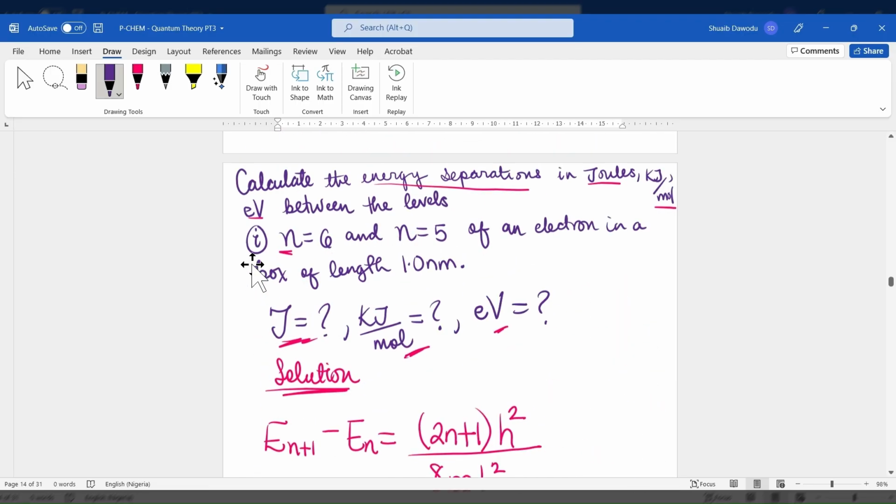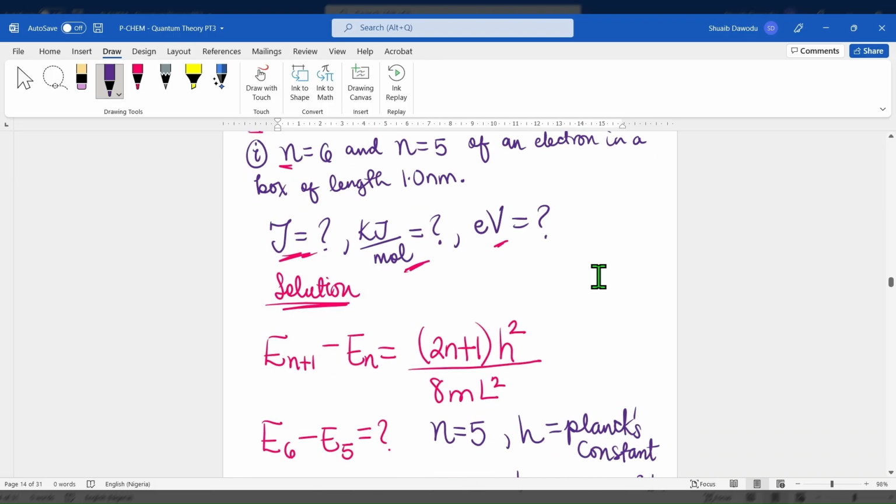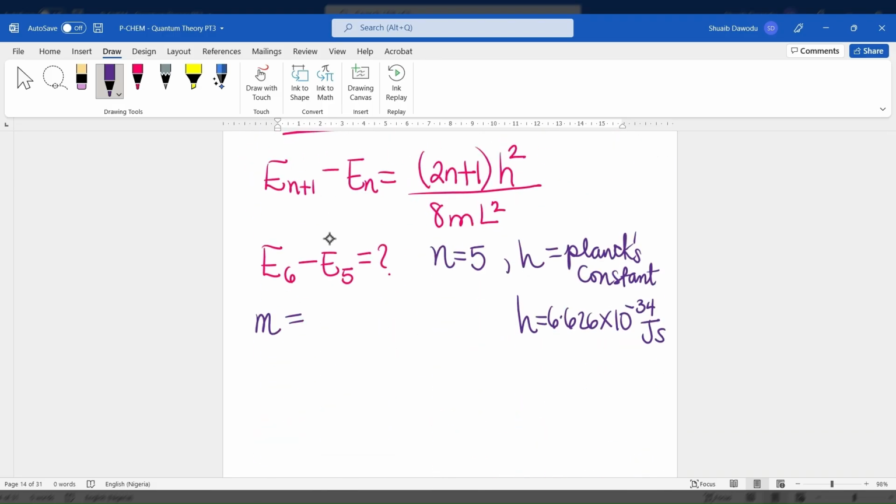What is m? m is simply the mass of the electron. Don't forget, we're dealing with a question that tells us the energy separation between levels of an electron, so m being mass, we have to use the mass of the electron. If you've done physical chemistry, it is something you're supposed to pay attention to. The mass of the electron is simply 9.109 times 10 raised to the power of negative 31 kilograms.